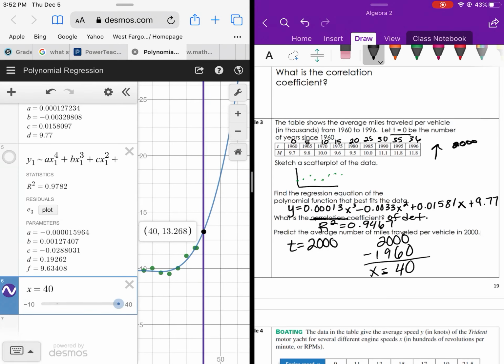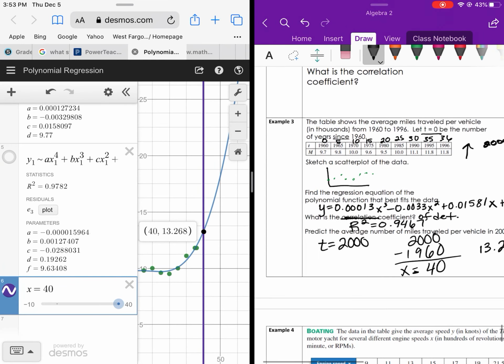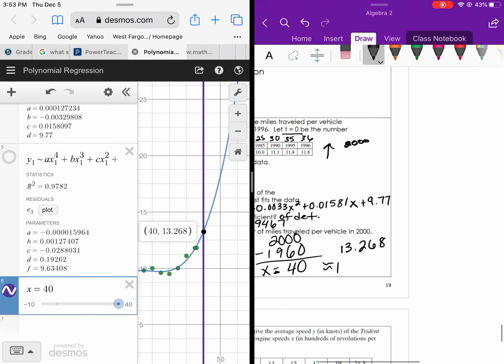Or you could plug 40 into your equation. Plugging 40 in, I'm going to get the decimal 13.268, which really is in thousands. So that would be approximately 13,268 miles in the year 2000 as the average number people are driving.